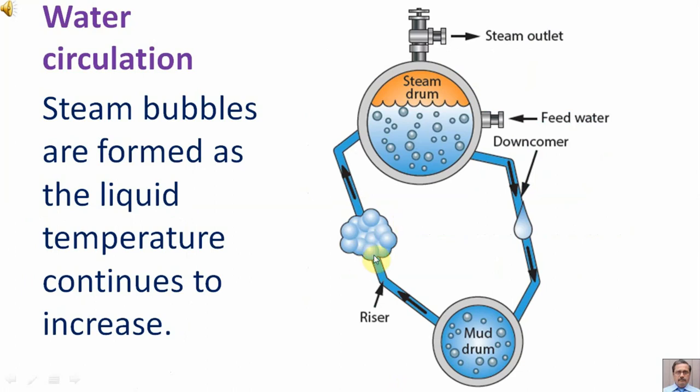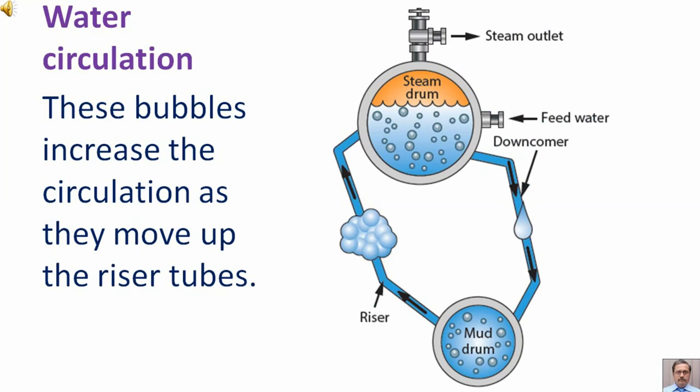Steam bubbles are formed as the liquid temperature continues to increase. These bubbles increase the circulation as they move up the riser tubes.